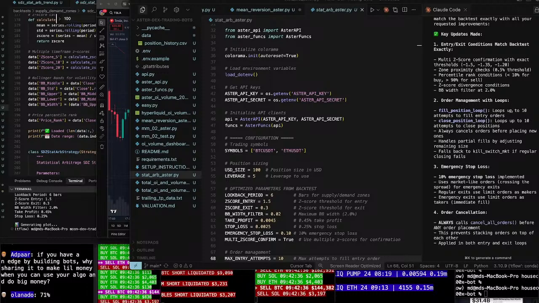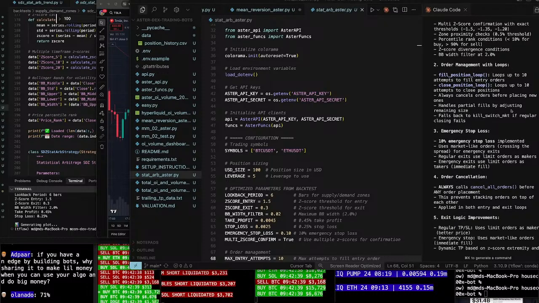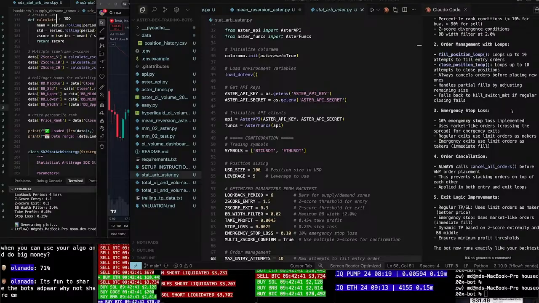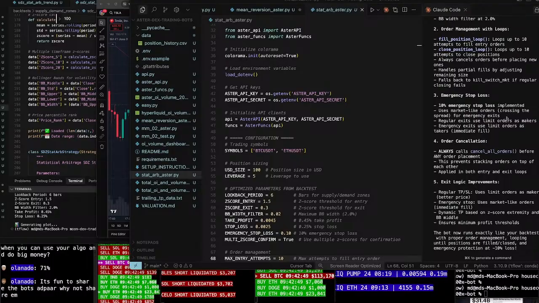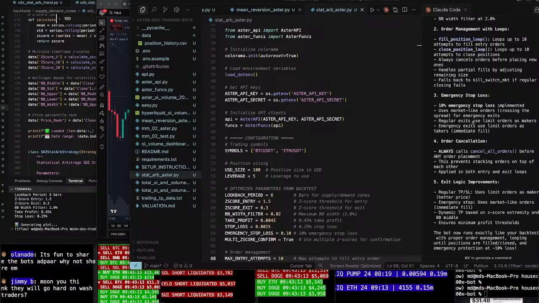Order management with loops, okay. Fill position loop, loops up to 10 attempts. Close position loop, loops up to 10 attempts. Always cancels before placing new orders. Handles partial fills by adjusting remaining size. Emergency stop loss, 10% emergency stop loss. Okay, nice. Uses market-like orders crossing the spread for emergency exits.